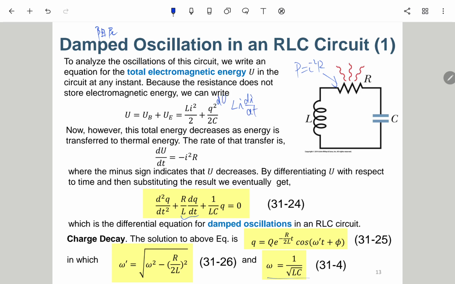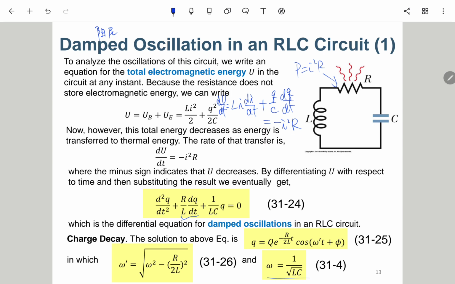Okay, so du/dt equals Li di/dt plus Q over C dq/dt. If you remember, we just did it just now. So this stuff is equal to negative I squared R.